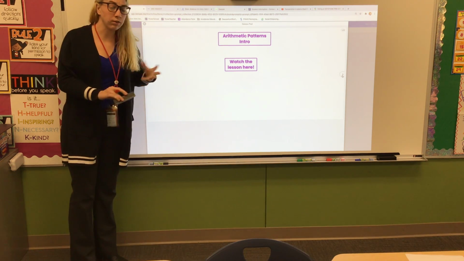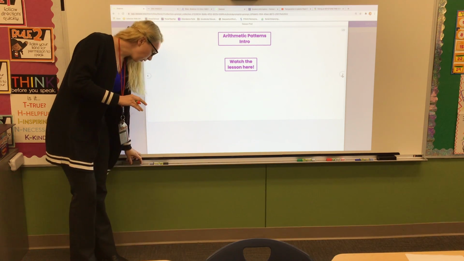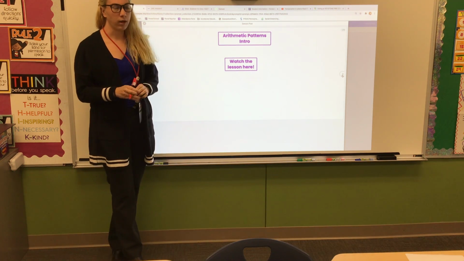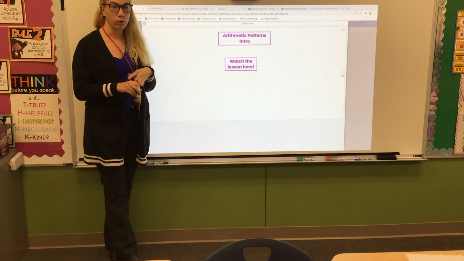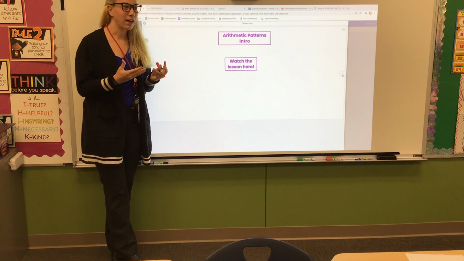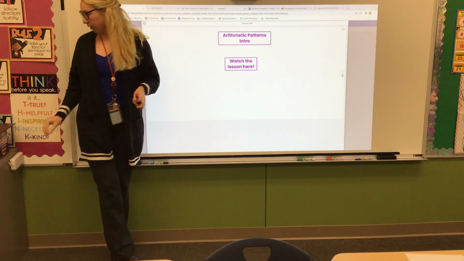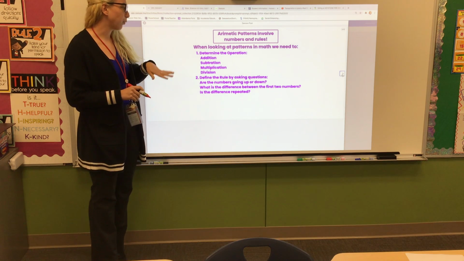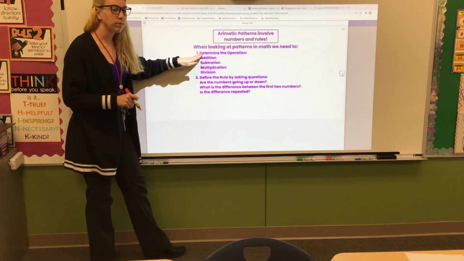You guys did a really great job with patterns. But now we're going to get into something just a tiny bit more tricky. It's really not much more tricky, just a little bit more. Because we're using arithmetic, or that's just the fancy word for math. We're using patterns in numbers and in math, okay? So when we're looking at patterns in math, we need to first determine what the operation is.